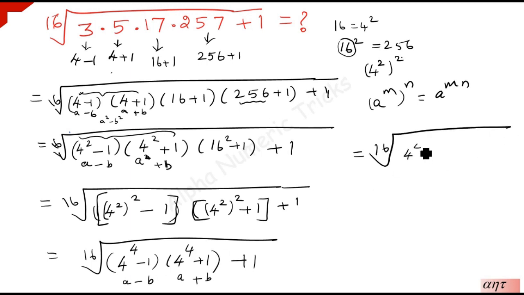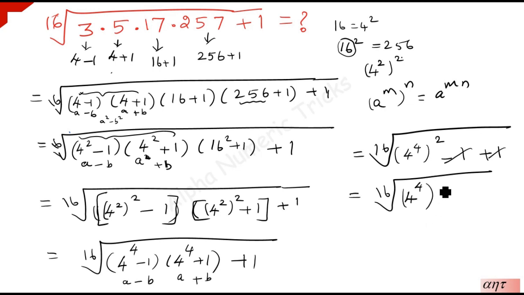A is 4 to the power 4, the whole squared, minus B, whose value here is 1, 1 squared, and this plus 1 you have to write. Which is equal to the 16th root of, this plus 1 and minus 1 get cancelled, and here you have 4 to the power 4 the whole squared.